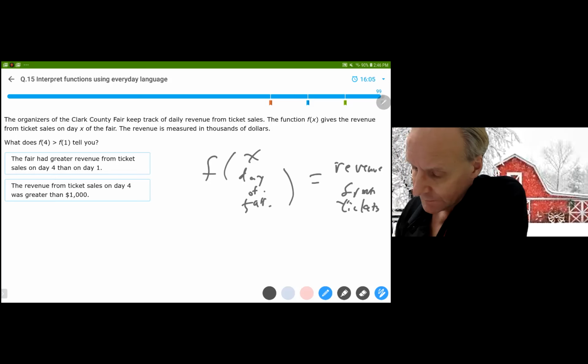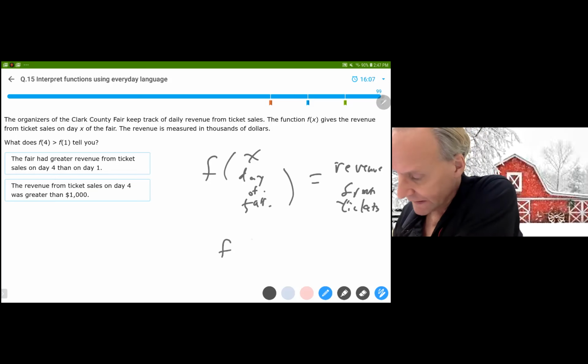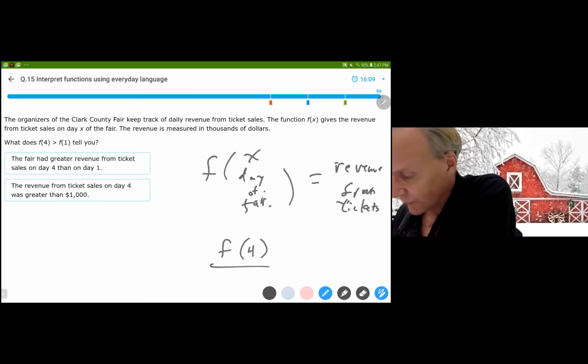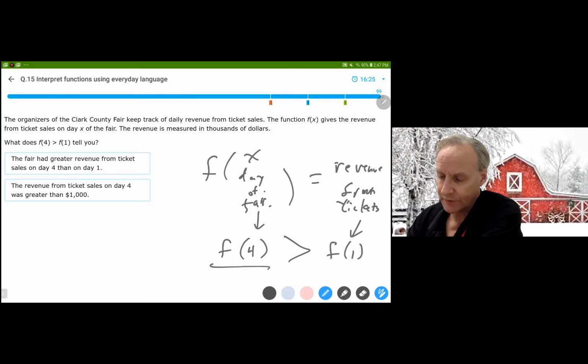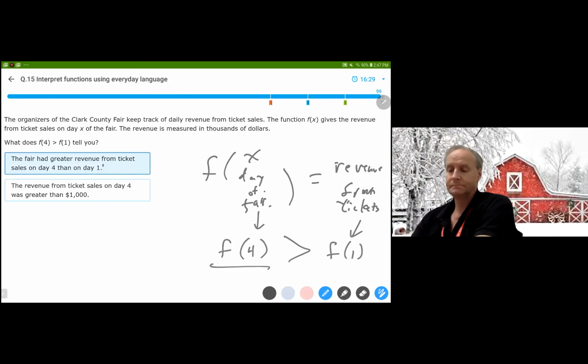So F of 4 says that's how much revenue they get on day 4 of the fair. And F of 1 is how much revenue they get on day 1 of the fair. And 4 is better than 1. That's the one. The fair had greater revenue from ticket sales on day 4 than from day 1.